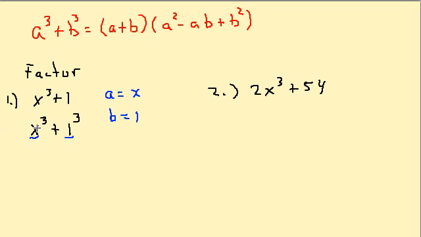So I have a plus b, so that would be x plus 1, times a squared, which would be x squared, minus a times b, x times 1 is x, plus b squared, plus 1 squared.